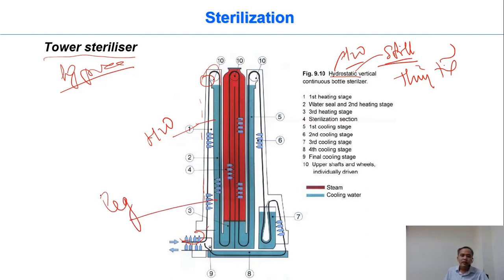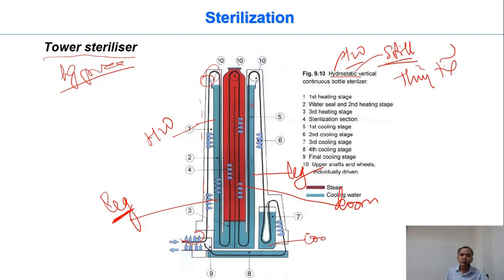If you read other books, this is called a leg, and this is also called another leg, and the middle they may call the dome. Anyway, the product enters the first column, goes into the second column, then the third column, and goes out.